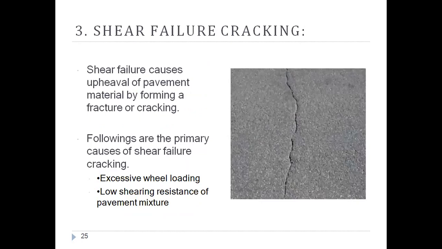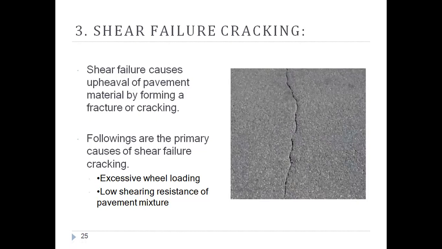Here, the shear failure. Shear failure causes upheaval of pavement material by forming a fracture or a cracking, which can be seen in this image. You can see the shear failure cracking.